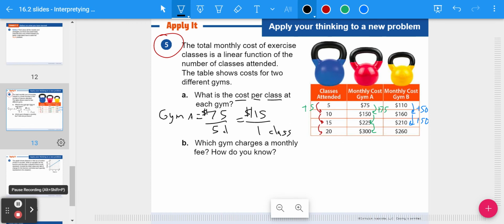Now I already ran out of room. So gym B, I'm going to make this go way over here and take up some space right there. Gym B is going up $50 every 5 classes, which reduces to $10 per class.